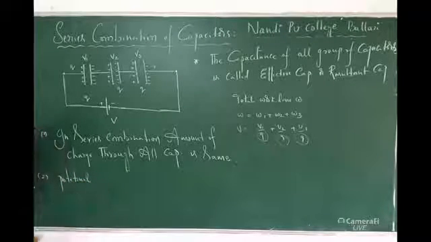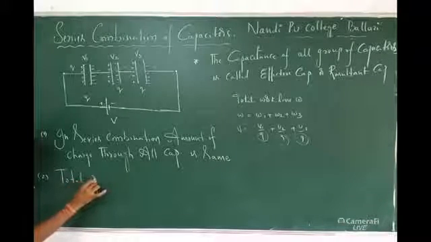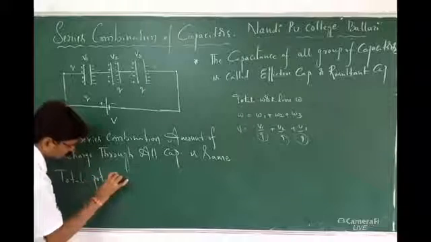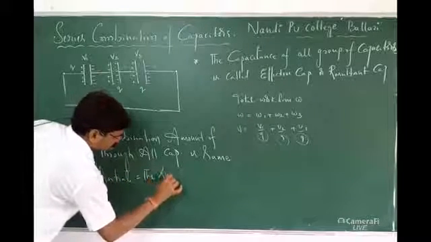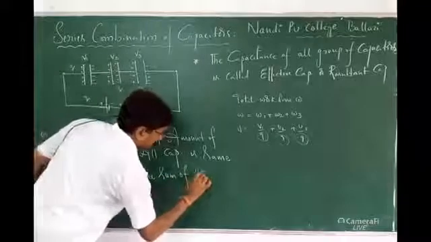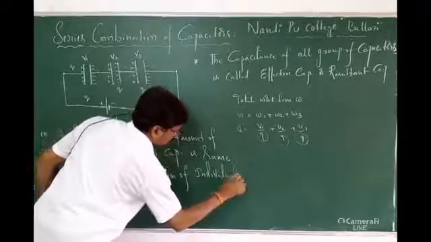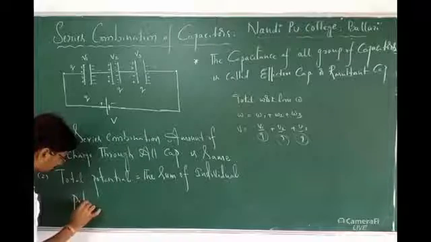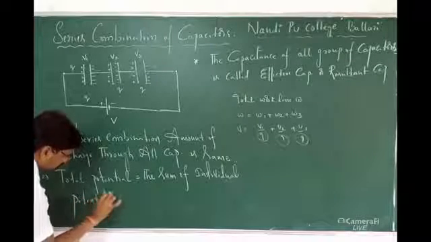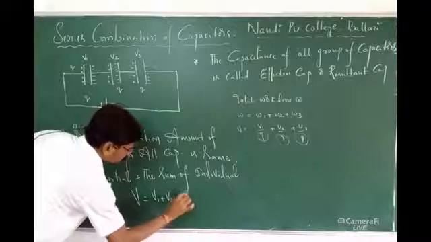Total potential is equal to the sum of individual potentials. What is total potential? V. That is equal to what? V1 plus V2 plus V3.